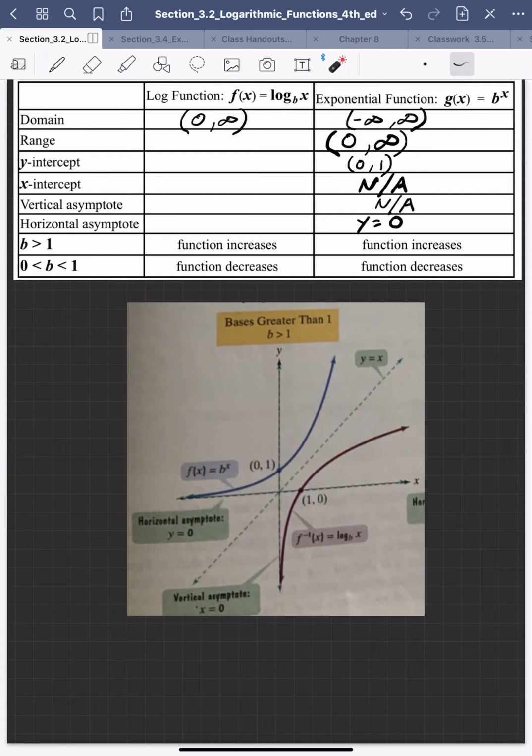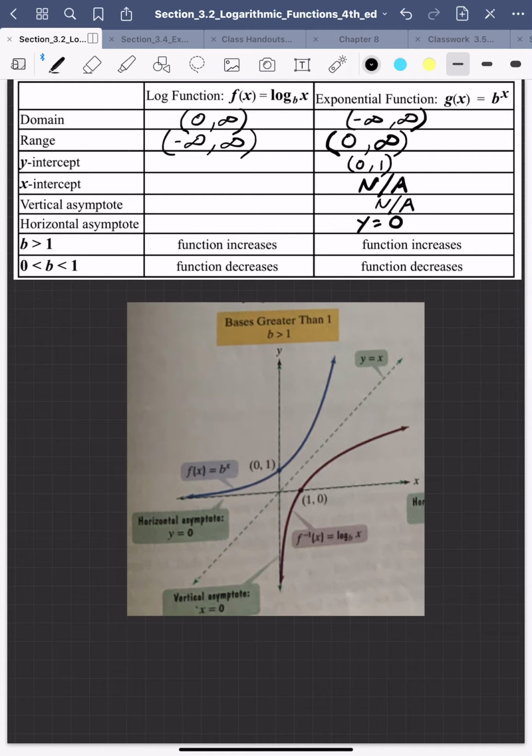In fact, if you have your calculator with you, you could try log of a negative number, or try log of 0, and you should get an error. You're getting an error because this curve is never going to cross that y-axis. So you're never going to be able to use a negative number for x. But as you can imagine, this goes down to negative infinity and continues to rise to positive infinity. So the range is negative infinity to positive infinity.